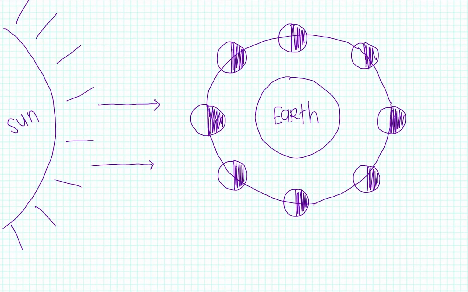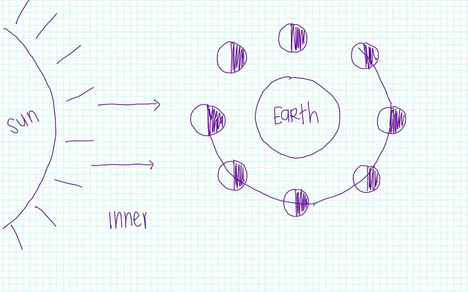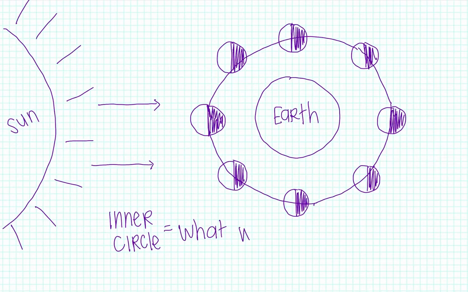Now we can only see the inner circle. So if it's not inside that circle, we can't see it. Oh, I have somehow erased. Let me get that back there. Okay, so that inner circle equals what we see from Earth.